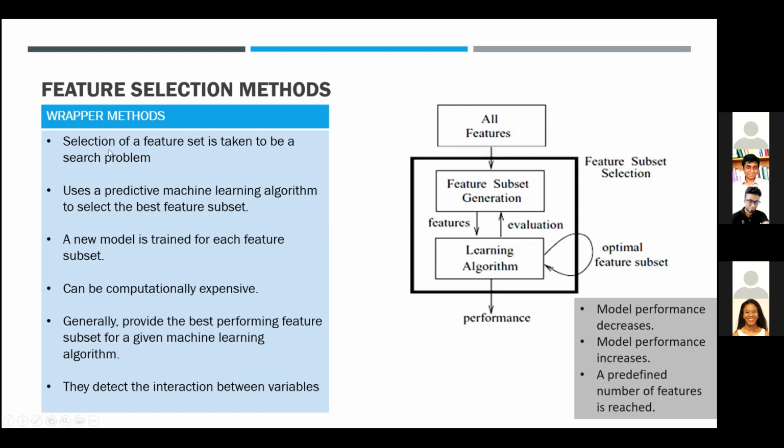This involves taking the selection of features as a search problem. How we do the search is that you have all your features, and then you select a subset of the features. Using that subset, you train your machine learning model.